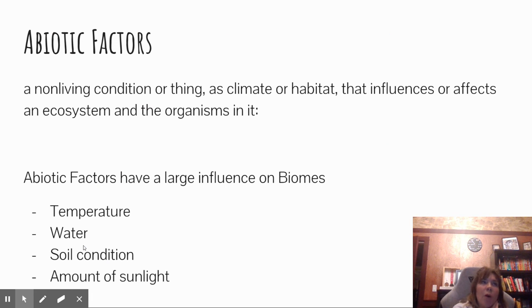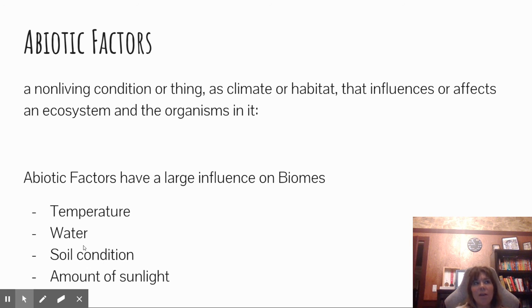When we think about climate and rainfall, these are what we call abiotic factors. They are non-living conditions, like climate or the habitat of an animal, that influence or affect the ecosystem and the organisms in it. The large factors that influence biomes are temperature, water, soil conditions, and sunlight.